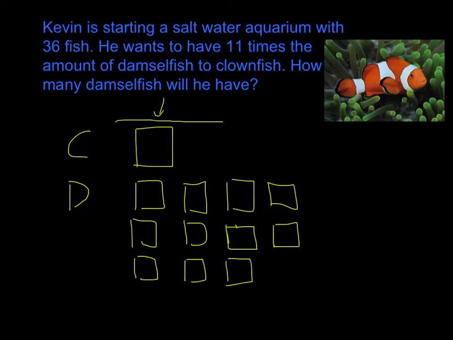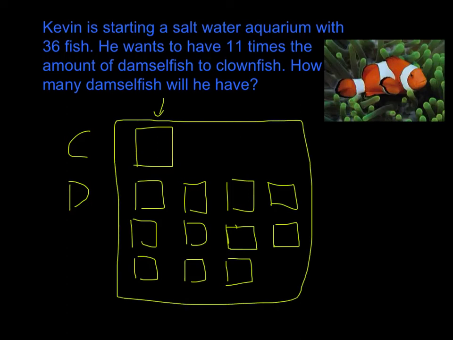We know that these boxes together have to add up to 36, so we're going to divide that 36 by the 12 total boxes that we have here. That means each one of these boxes would represent 3 fish.